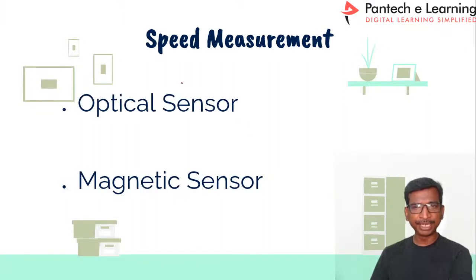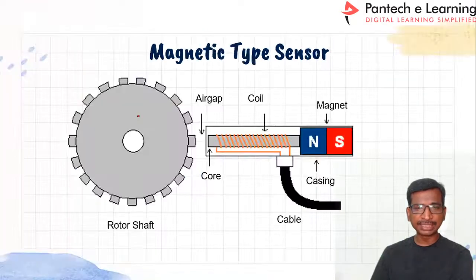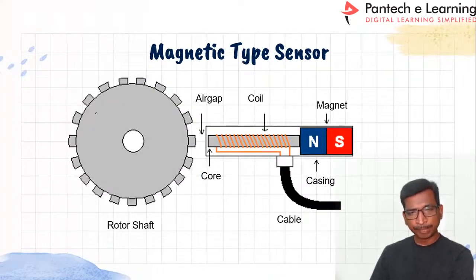Second part is the speed measurement. For the speed measurement, there are two major methodologies. One is called optical sensors and another one is called magnetic sensor. See here, this is the magnetic type sensor. The magnetic type sensor is nothing but, there will be a core called iron core, and over the core the coil will be mounted.